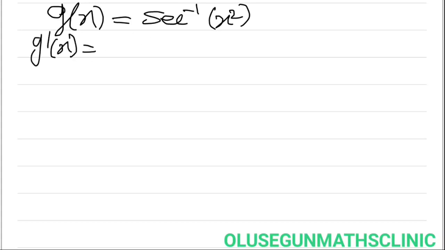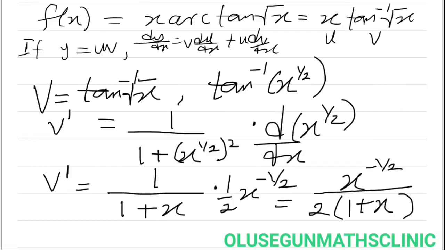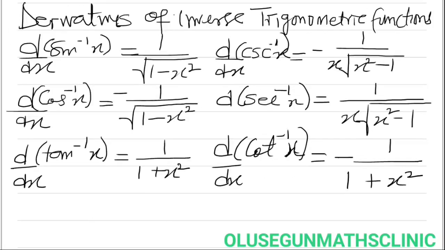you have to go back again to the sec, which is 1 over x root x squared minus 1.